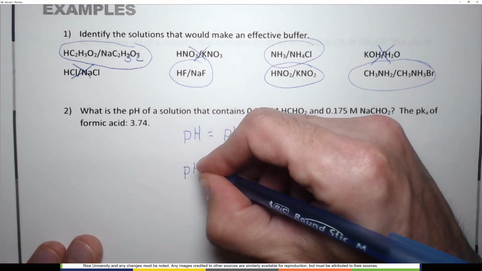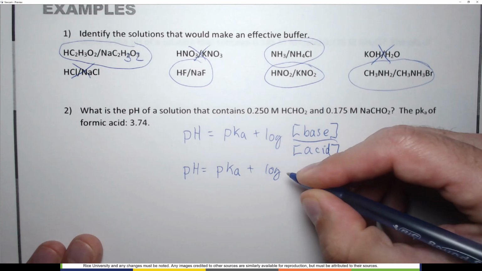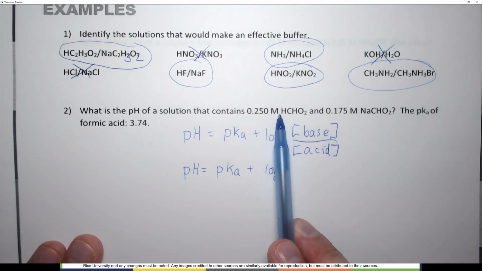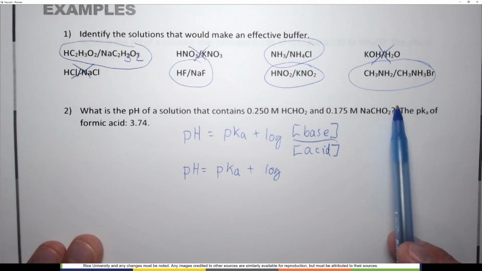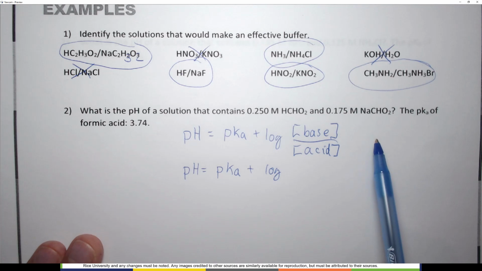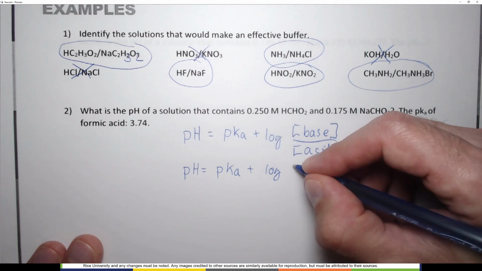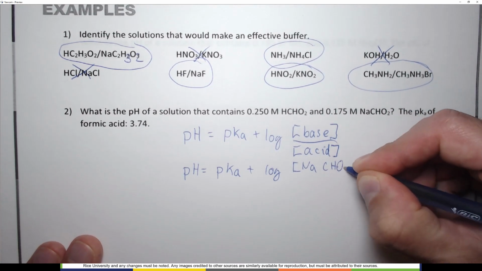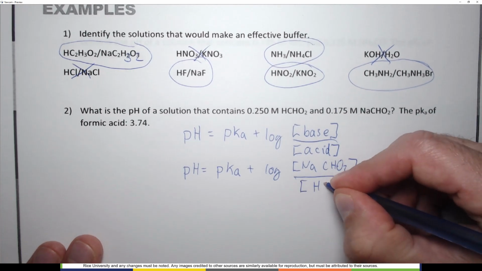So the pH equals the pKa plus log. Which one of these things is the base? Well, formic acid is the one with the H. Sodium formate is the one, this is CHO2 minus, so this one is the conjugate base. So in this case, it's going to be the concentration of NaCHO2 on the top, and on the bottom, concentration of HCHO2.